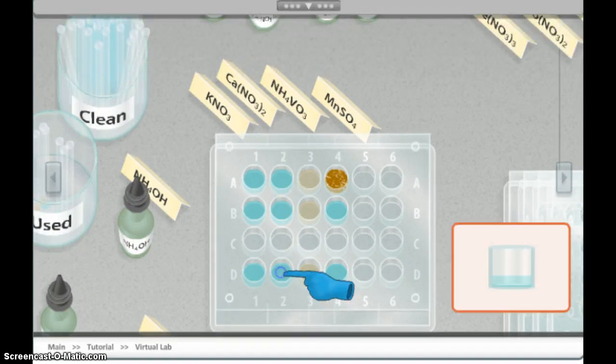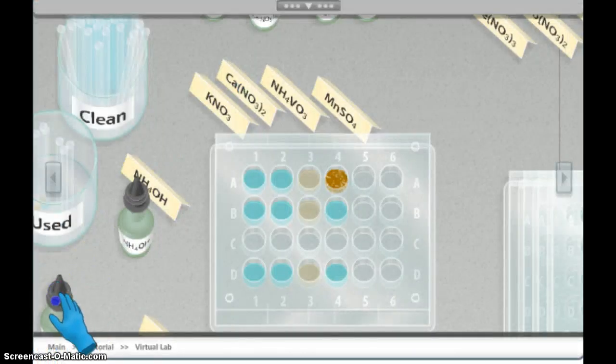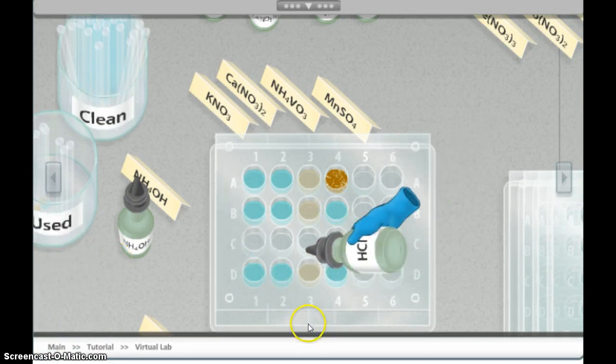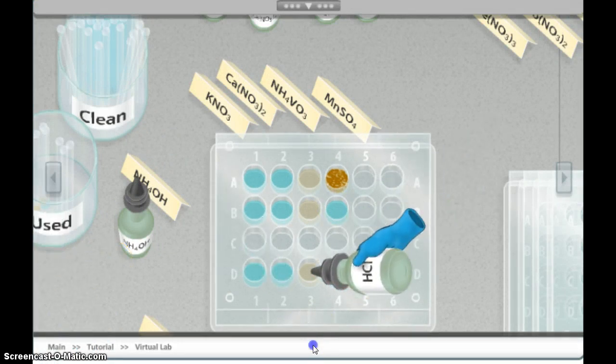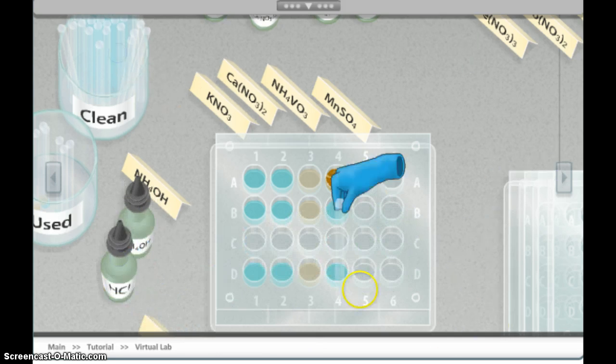So what would your observation for the calcium and HCl be? Same thing. All right, now let's do our next chemical here. Add some HCl and stir it. Ooh, we definitely have something going on, right?